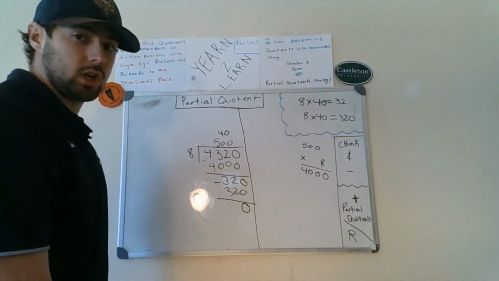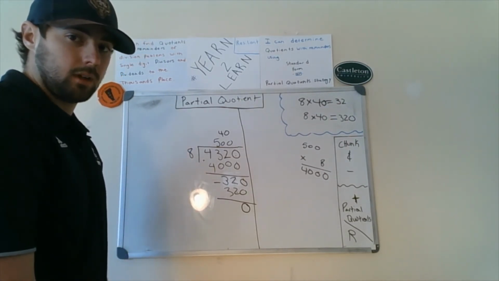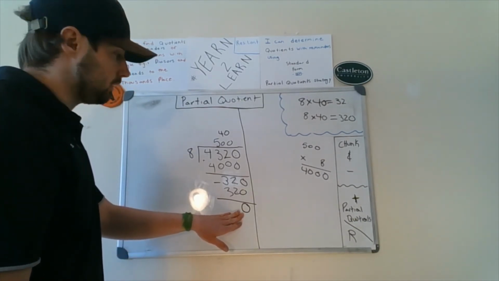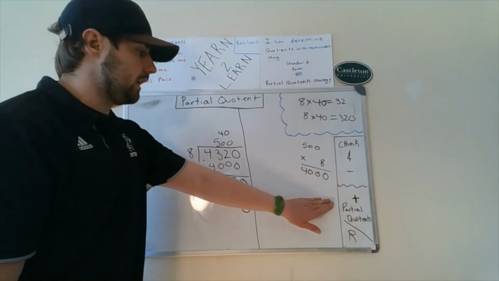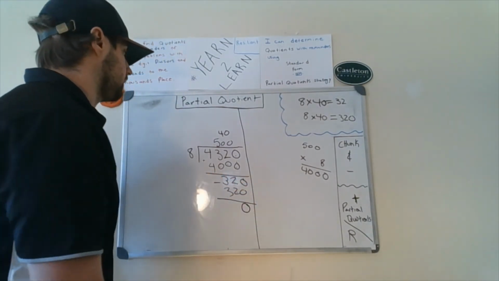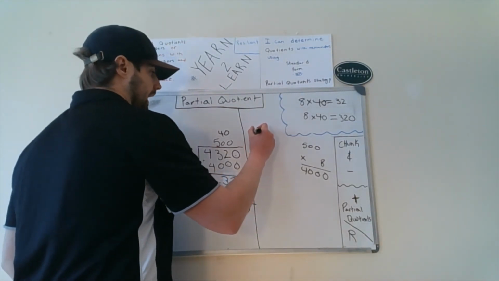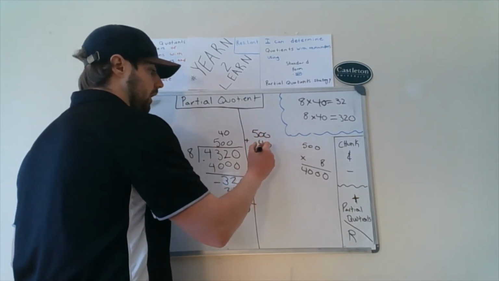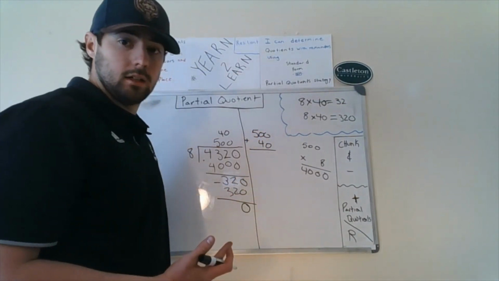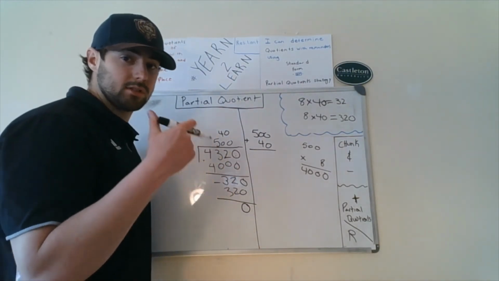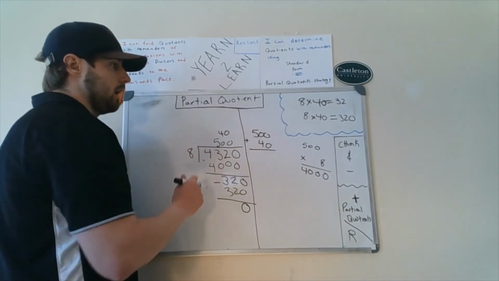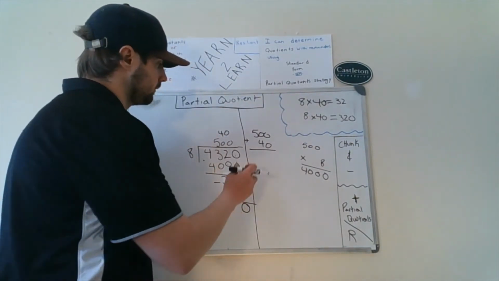Can I continue to chunk and subtract? I cannot. Do I have a remainder? I do not. I need to add the partial quotients and the remainders. Need to add 500 and 40. Not a very chunky problem. Why? We're able to look at the numbers and chunk really big. We made less chunks, but they were bigger and they were smarter.